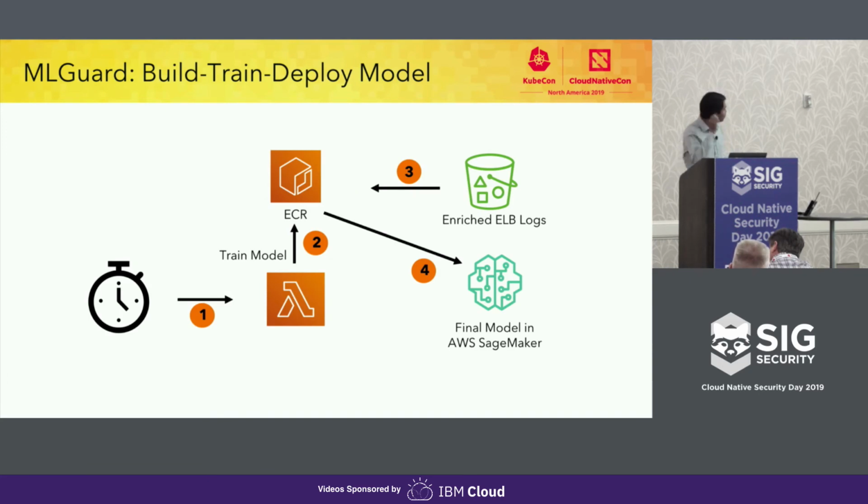The next step is to build, train, and deploy the model, and for this purpose we use AWS SageMaker. It's a machine learning as a service offering that AWS provides that makes your job a lot easier in terms of building, training, and deploying models. Once our algorithm was ready, in a few hours we could have our system up and running using AWS SageMaker.